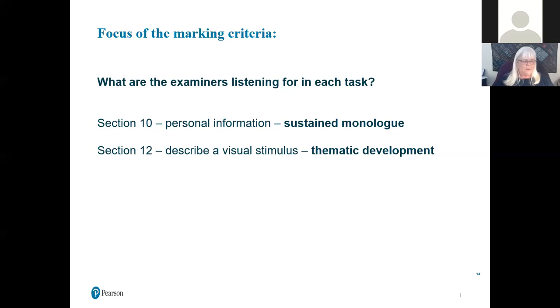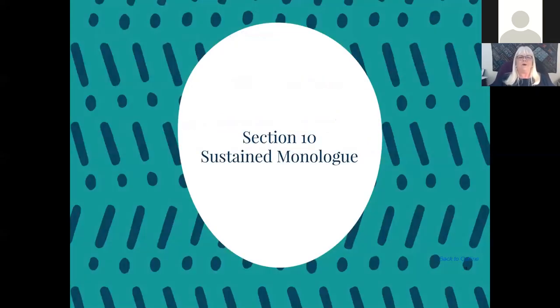But I wanted to point out that there's a difference between describing a picture at the lower levels, when the test takers at level A1 and 1 are only expected to describe what they see in front of them, and at the higher levels where they have 2 pictures and they are expected to draw comparisons and develop the theme. But I'll give you some more details about that as we go through.